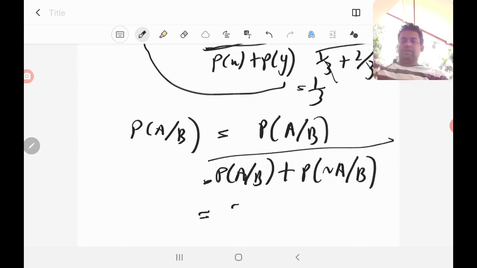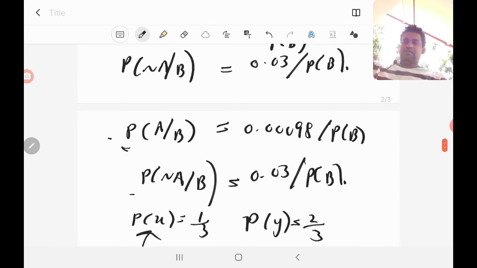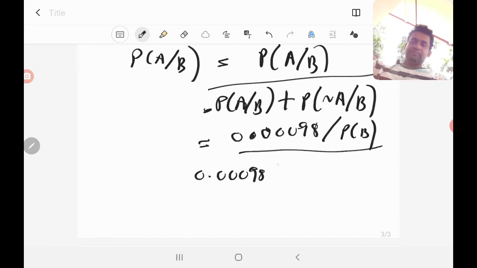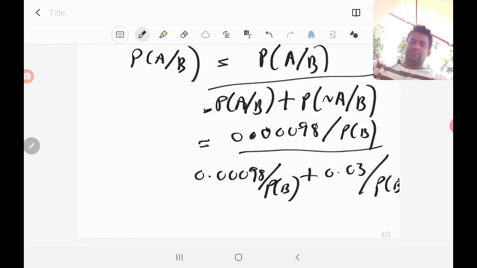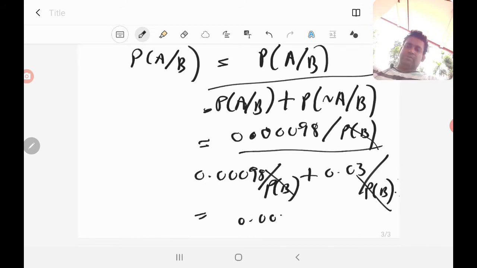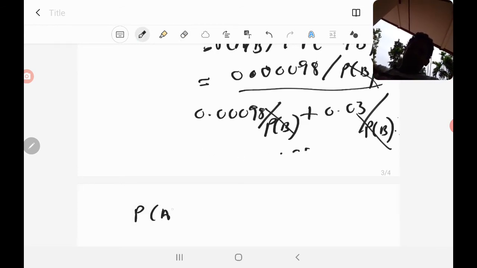So this is 0.00098 divided by PB, the same value goes in here, plus 0.03 divided by PB. These PB terms we can cancel out.